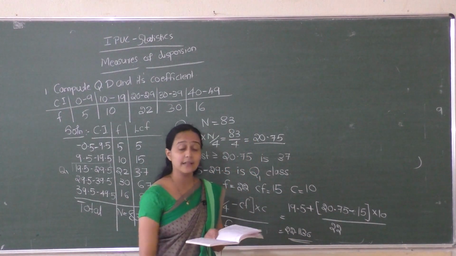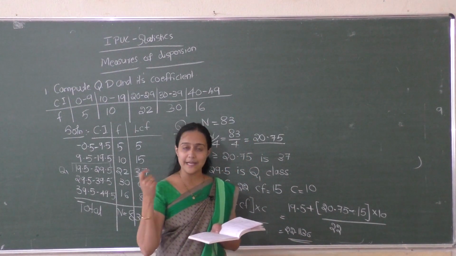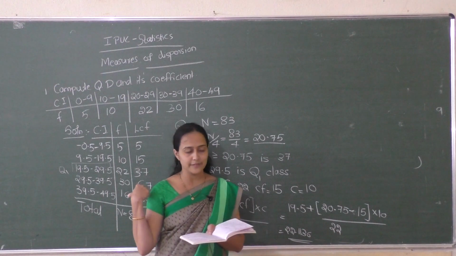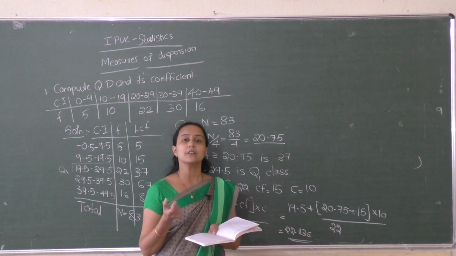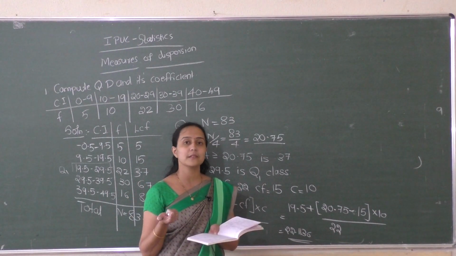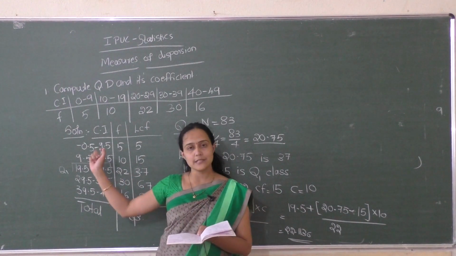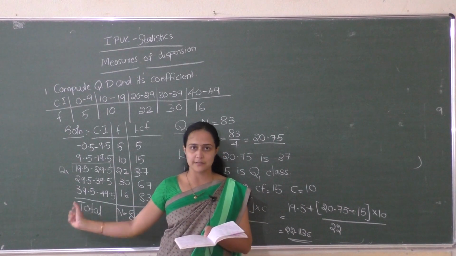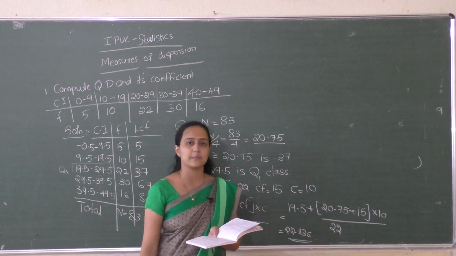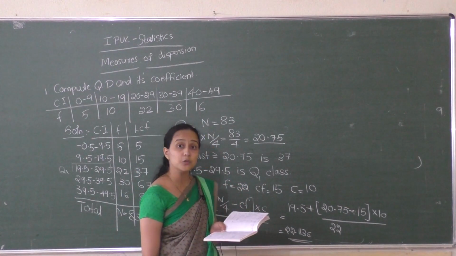Hope it is clear, because in the partition value problems we discussed this, how to find Q1 and Q3 for a continuous series, isn't it? Same here, inclusive is given, first convert it into exclusive, all other procedures are same. Next find Q3.